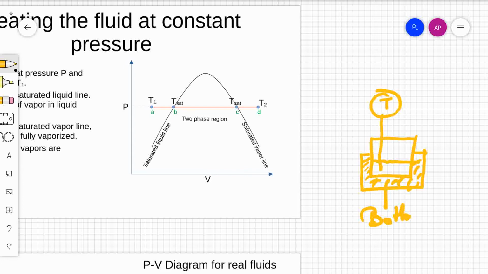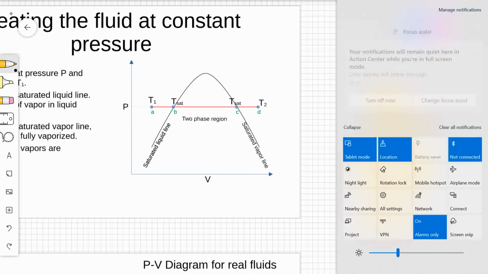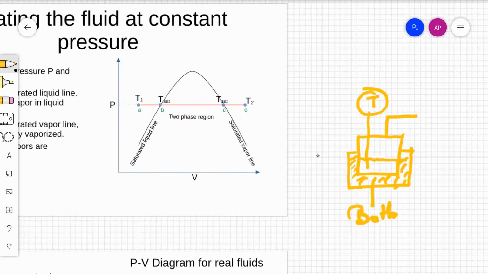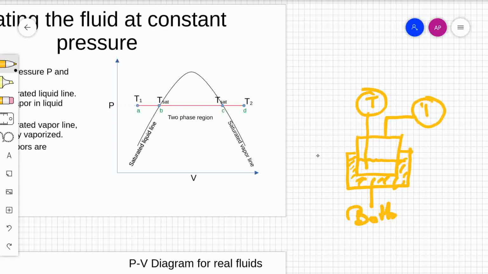Okay, and we maintain the pressure, so the pressure is maintained.